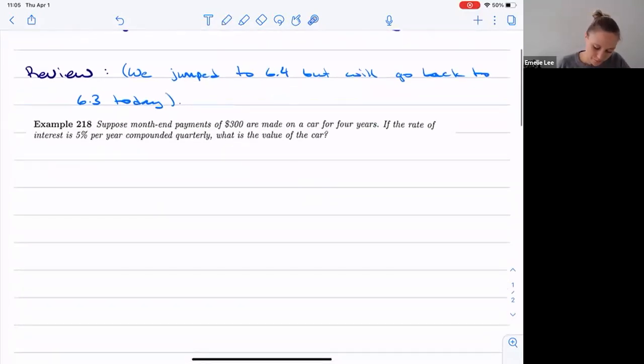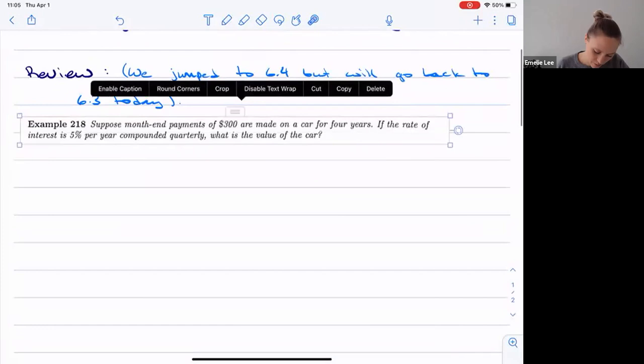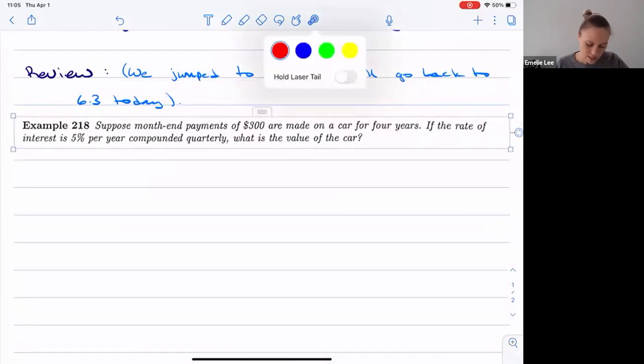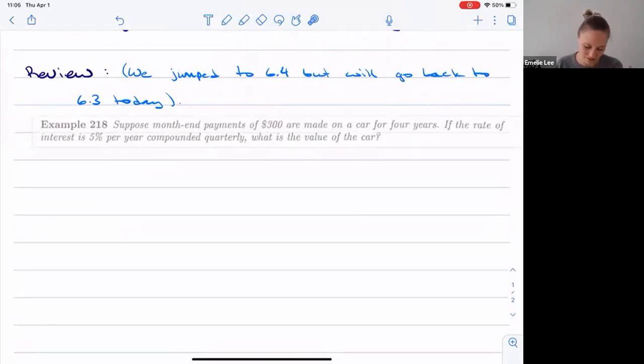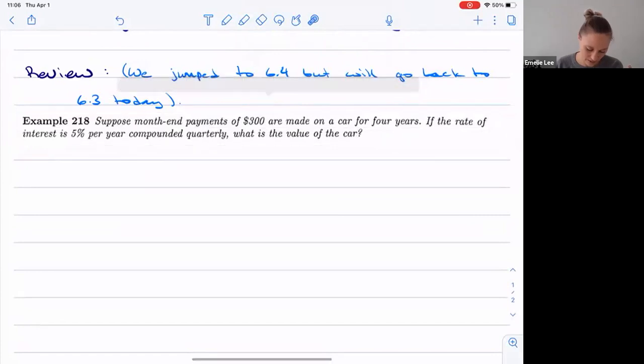So we started this problem, example 218, and of course, first thing you do is read the question carefully. It's not a very long question, but there's a lot of information here.